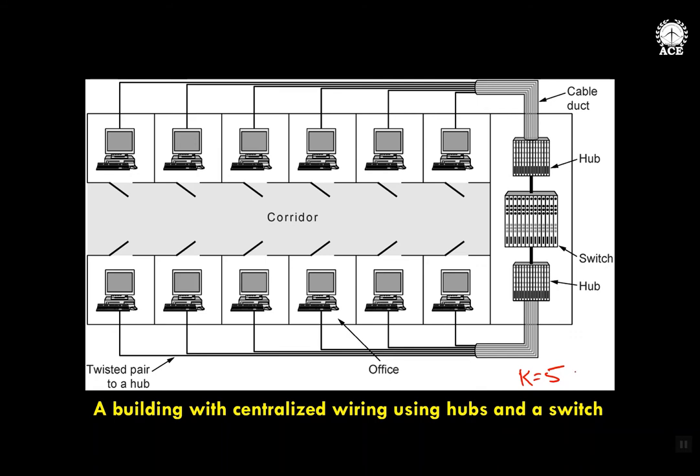Network admins like to group users on a LAN based on their organizational structure rather than the physical layout of the building. Why? Because I don't want any civil faculty to work on my CSE LAN and vice versa, right? Or maybe the people working in the HR department should not be allowed to access the finance department, or the project lead department, and so on. So the organizational structure will impose some restrictions.